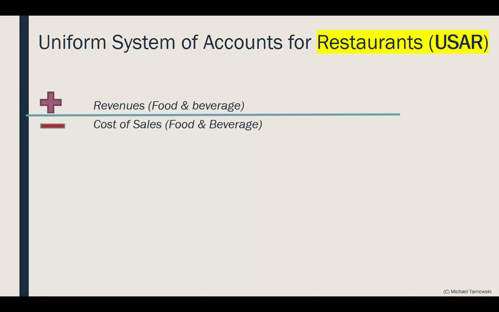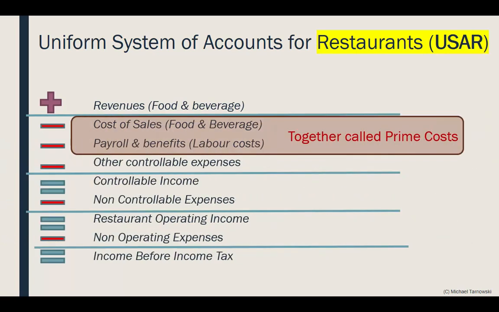So just to review, it will always be your revenues first, minus your cost of sales, and minus your payroll and benefits, which are together called your prime costs. You'll then take away your other controllable costs to find out your controllable income. And then from your controllable income, you will then deduct your non-controllable expenses, things you have no control over, to find out your operating income.